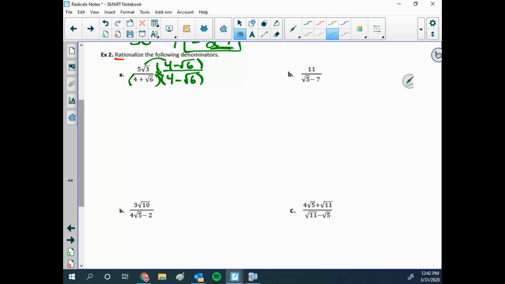On the top, this monomial needs to get multiplied into both terms of that binomial. So 5 root 3 times 4 gives me 20 root 3, and 5 root 3 times negative root 6 is going to give me a negative 5 root 18.